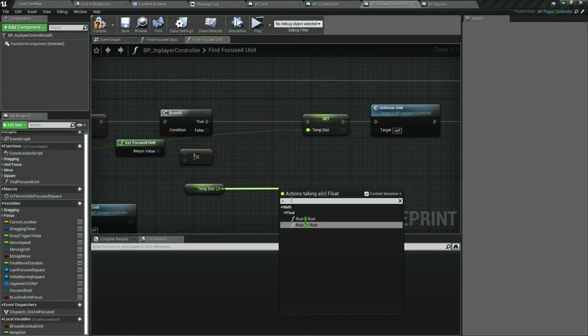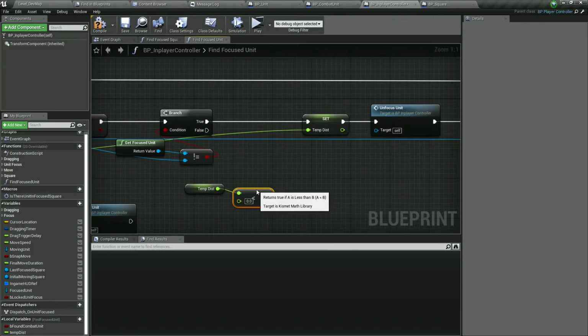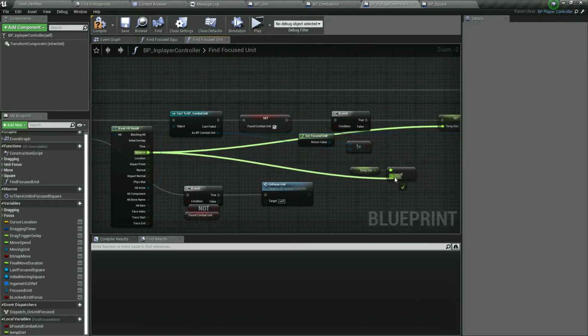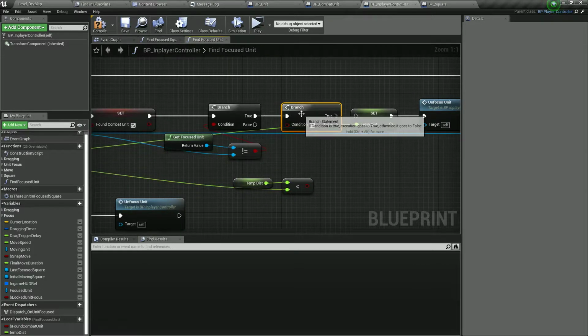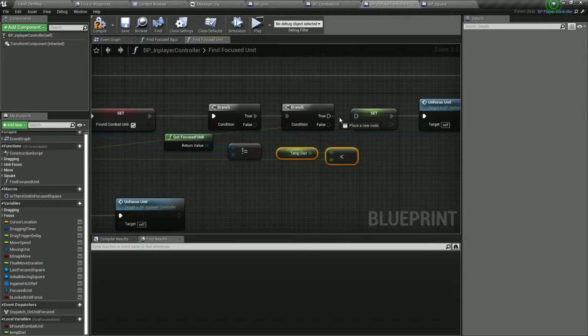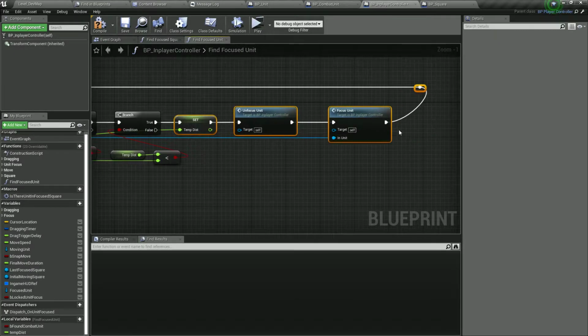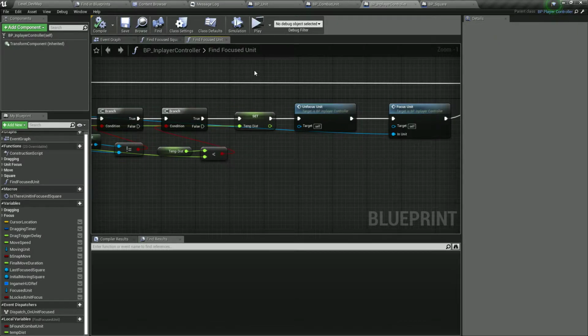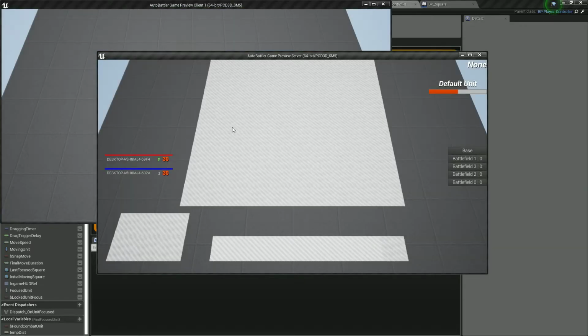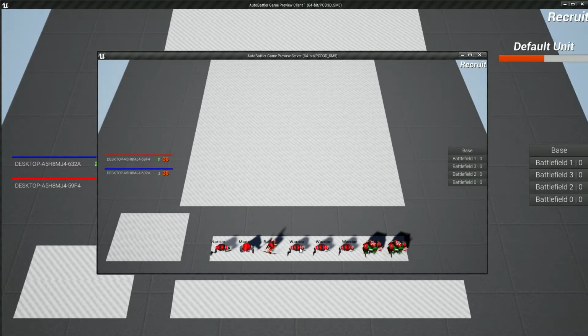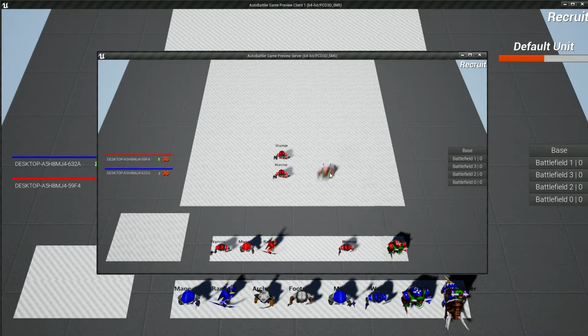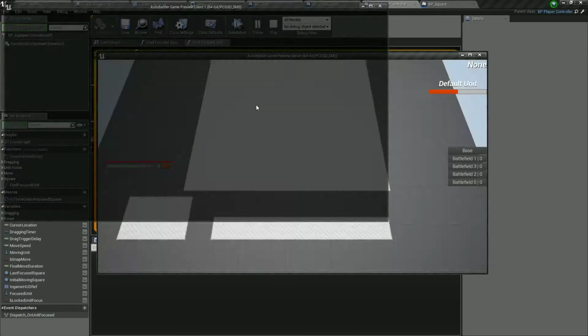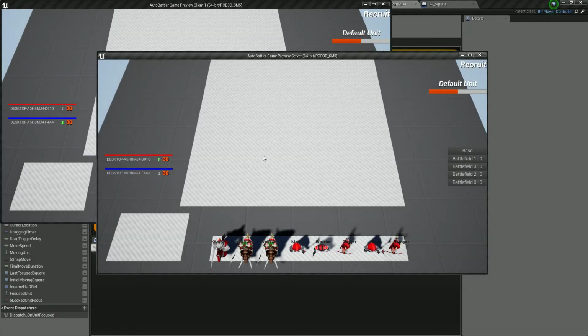If this is inferior to the distance here, we're going to pass the test. So we basically return only the closest units. Oh, I think we need knights to clearly see the bug. Yep.